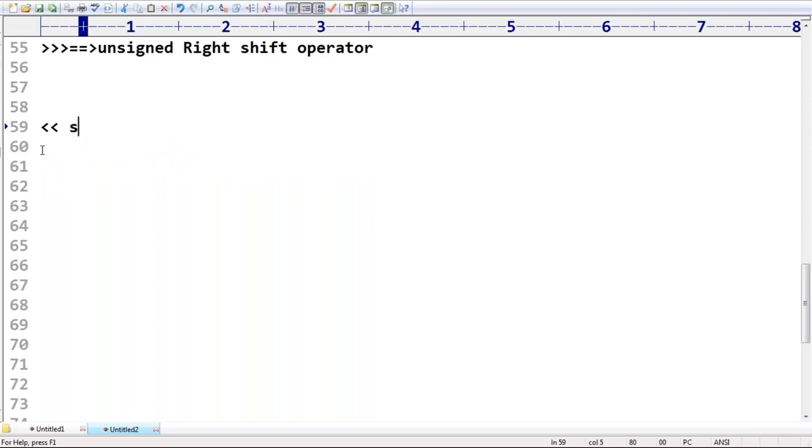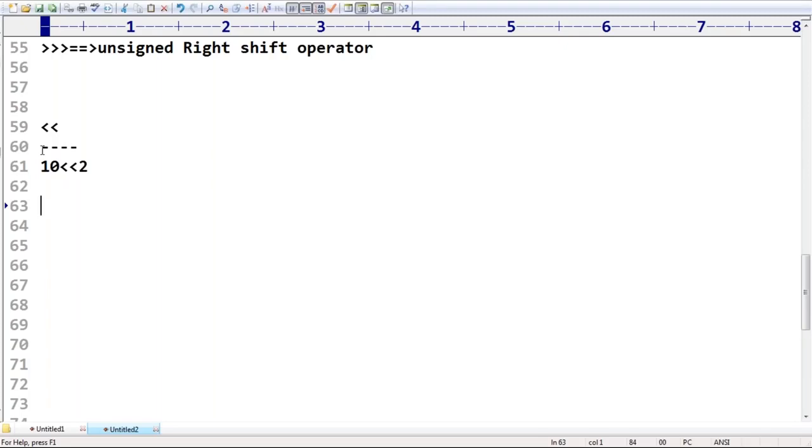First, the left shift operator, because left will come first. Suppose I'm taking 10 left shift 2, sir. What is the meaning of 10 left shift 2? Can you please shift 10 two cells to the left-hand side?